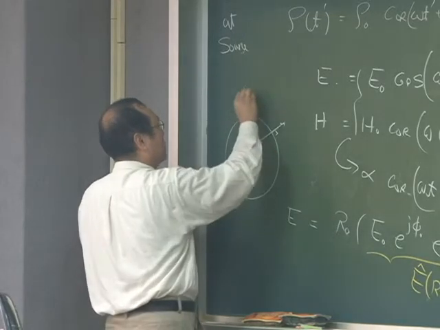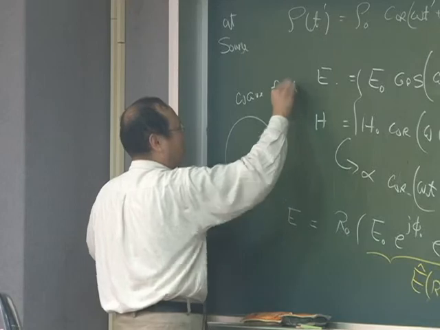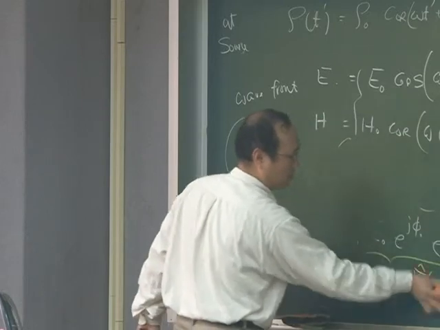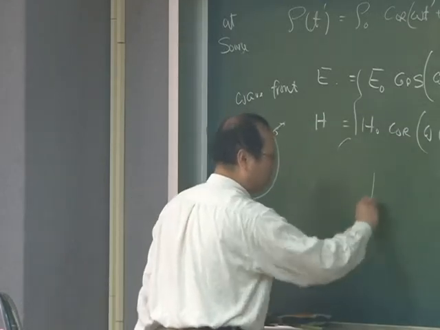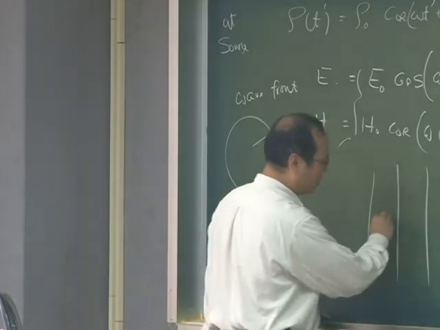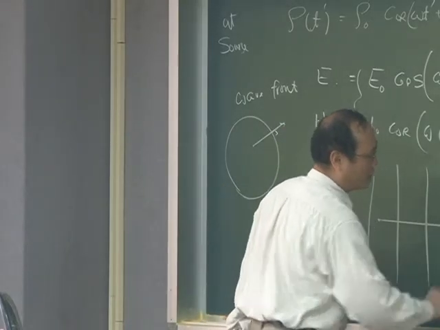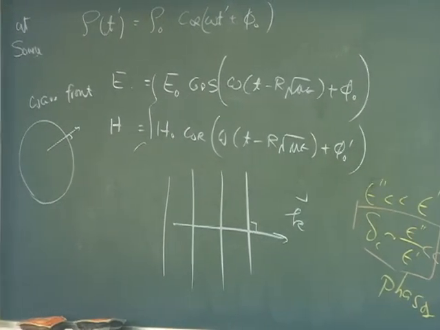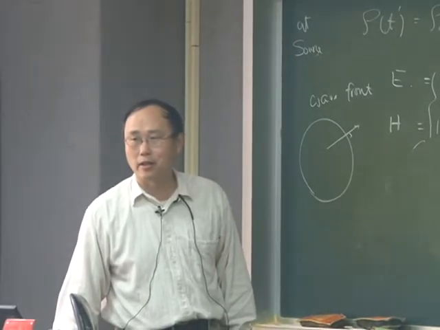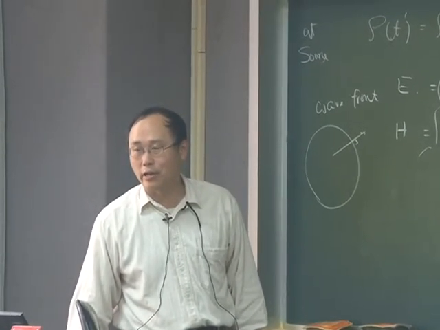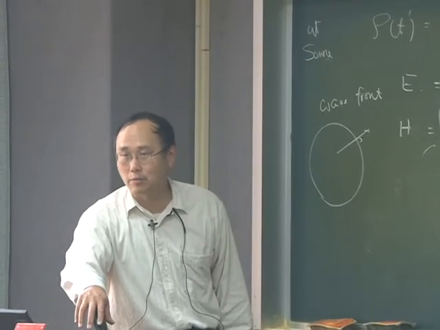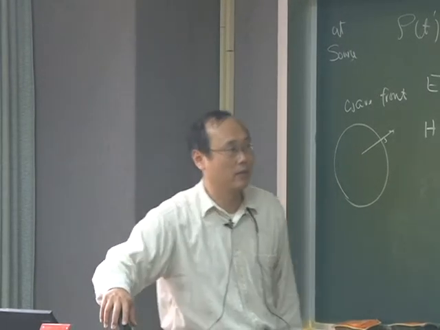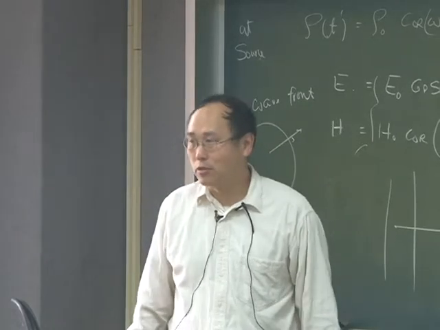This is called the wavefront. Relative to the x, y, z coordinates, the angle between k and x is alpha, the angle between k and y is beta, and the angle between k and z is gamma. Now the whole physical picture is clear, right?